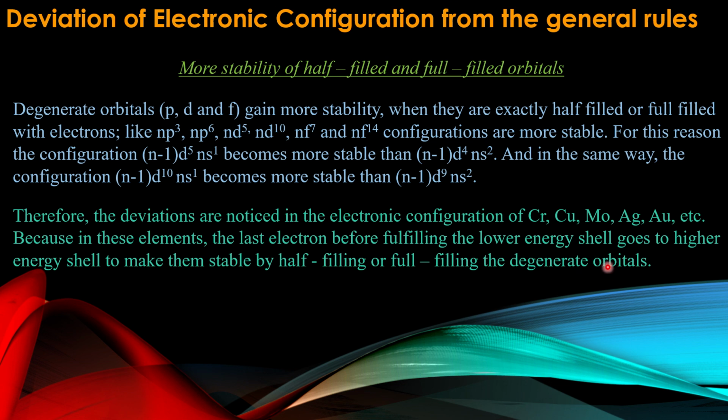For this electronic configuration, the electrons without fulfilling 4s or 5s orbitals go to 3d or 4d orbitals to make them half-filled or fulfilled for stability.